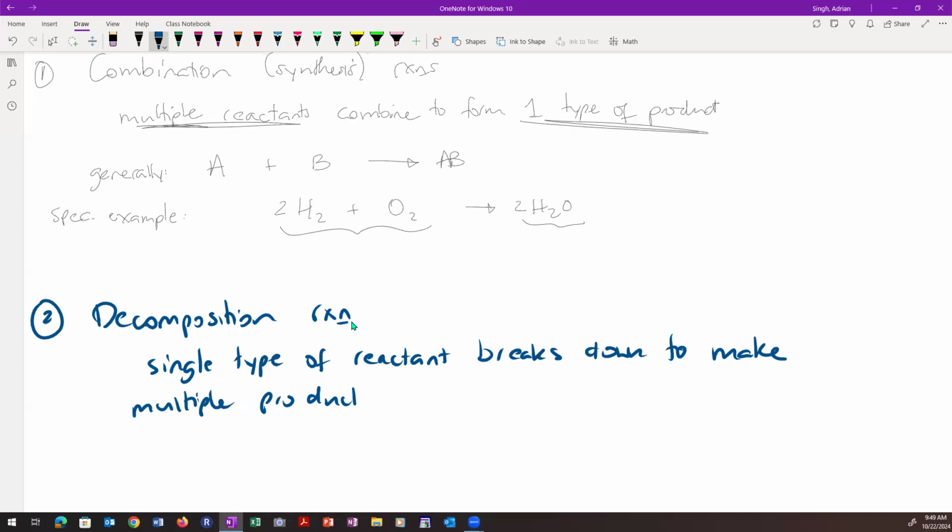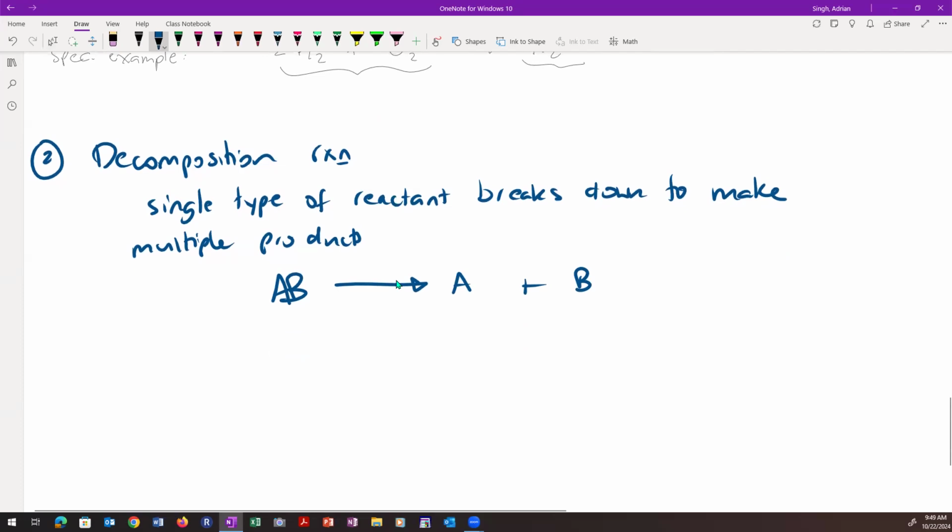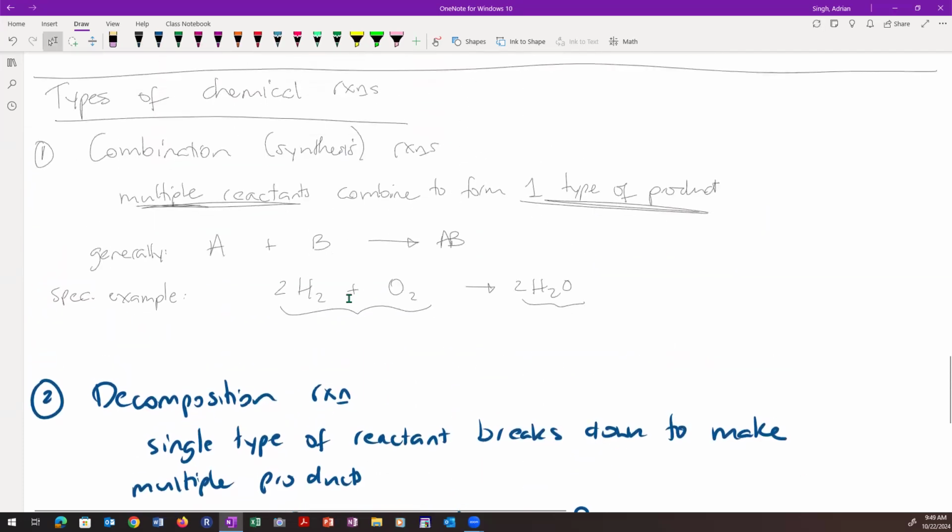Okay, and we can maybe take the example above. Well, generally we can say if I have a substance AB, some sort of a compound, it can break down into A and B, two different things at the end, right? So specifically then, we can say water under the right conditions, we can decompose that to give us back the hydrogen gas and the oxygen gas, and then we need to balance our equation as well. All right, so you can think of decomposition as the opposite of a combination.